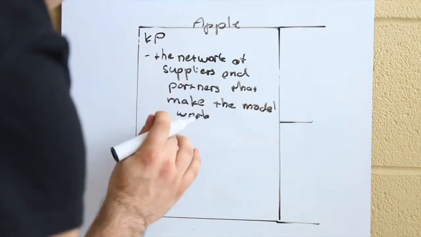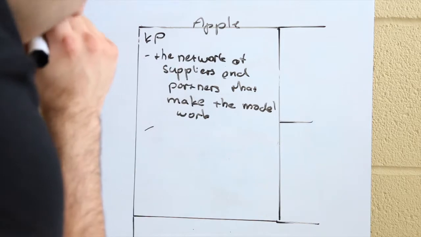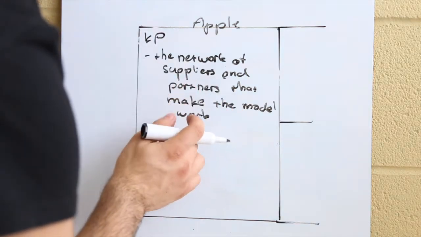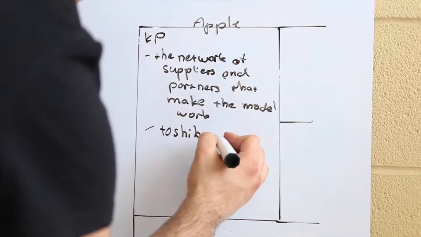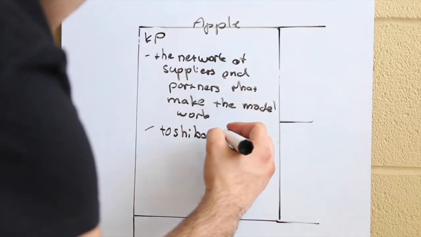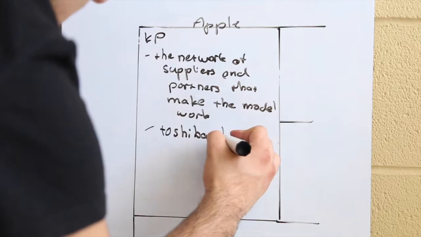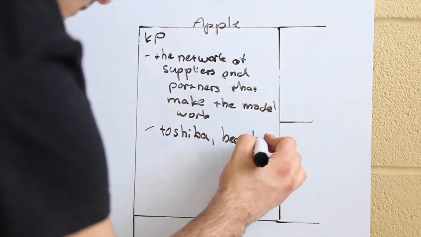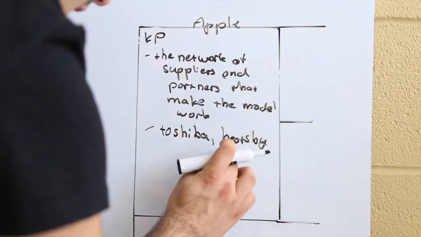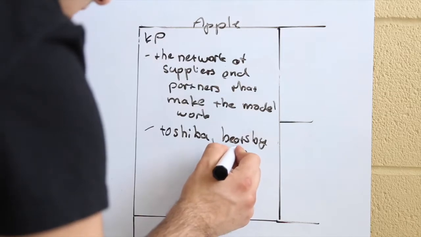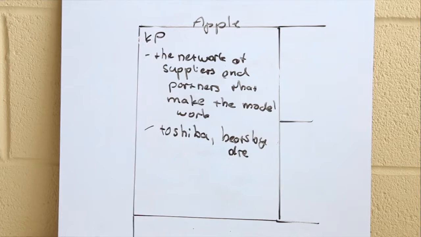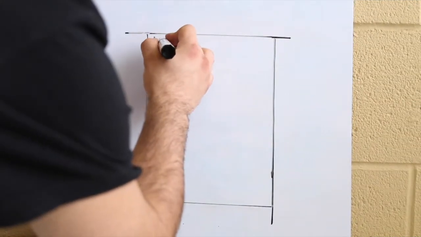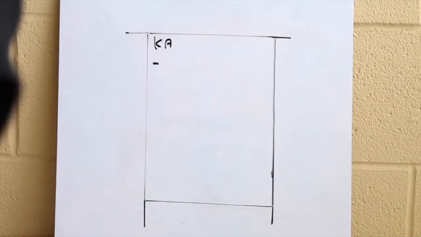Two examples of suppliers and partners that Apple is working with right now are Toshiba, the company that manufactures their RAM units for iPods, iPhones, and I believe computers, and Beats by Dre as a partner that creates music services and headphones.